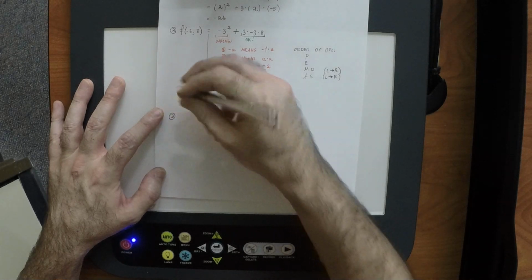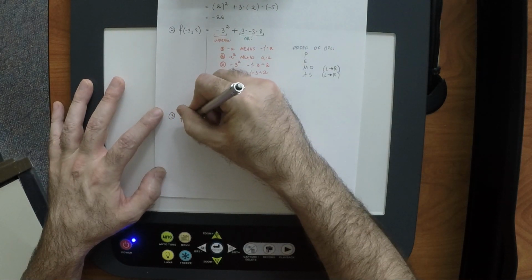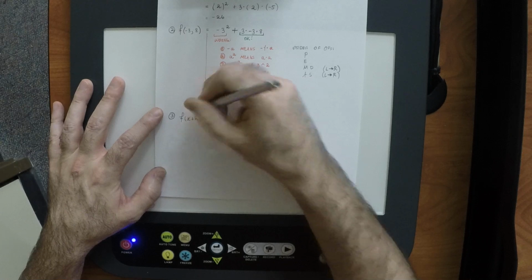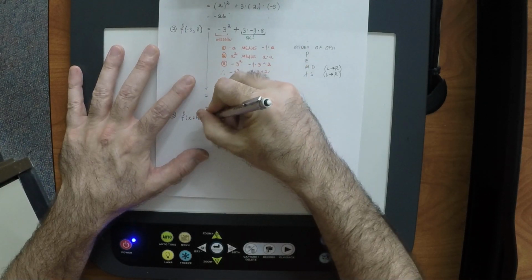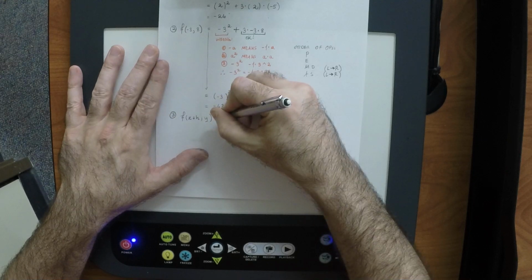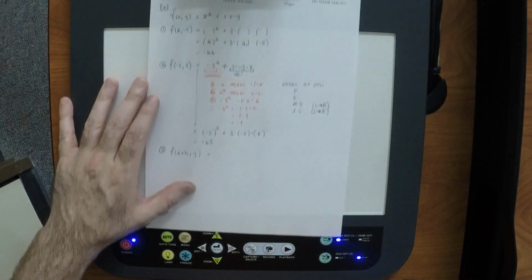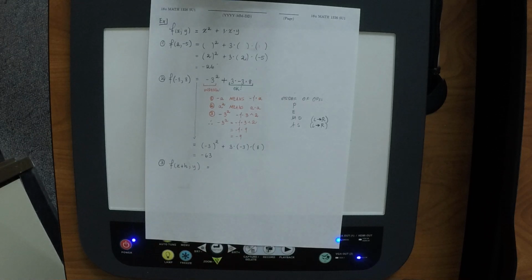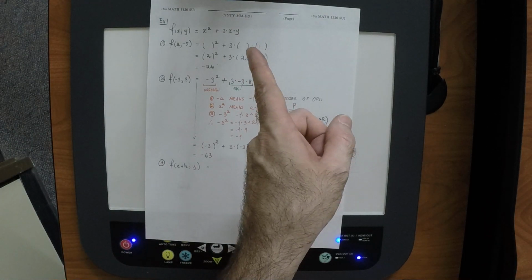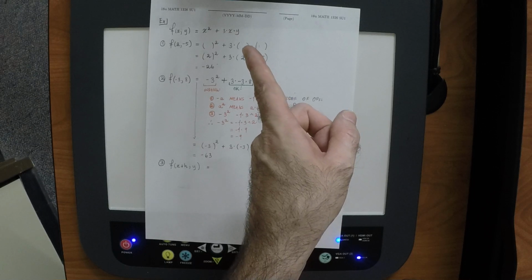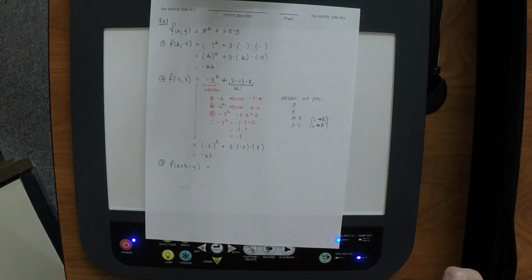Would you please evaluate the following: f of x plus h, comma y. Specifically, everywhere you see an x in that expression at the top, I want you to replace it with an x plus h, multiply it out, and collect like terms.